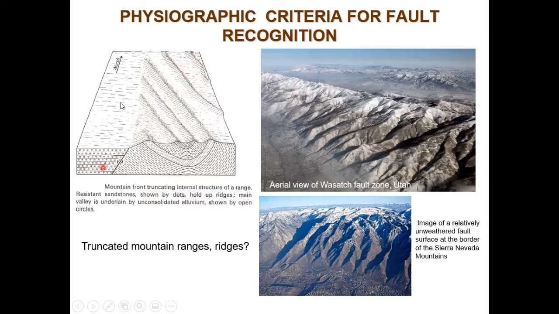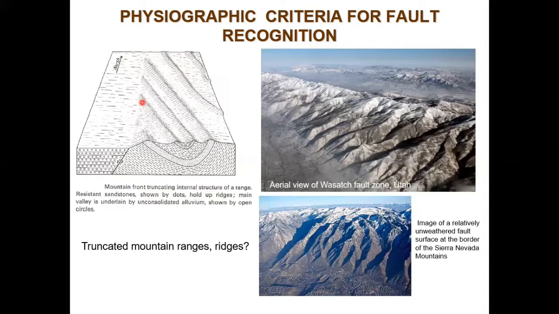In this case, we have much younger rocks in the hanging wall and older rocks in the footwall. Because of this age relationship, the different degree of deformation on both sides of the fault, and the different degree of resistance to weathering, at the surface expression we can see different morphological features exposed.